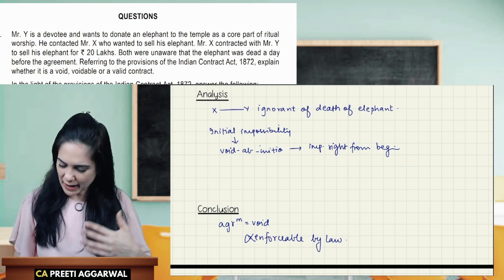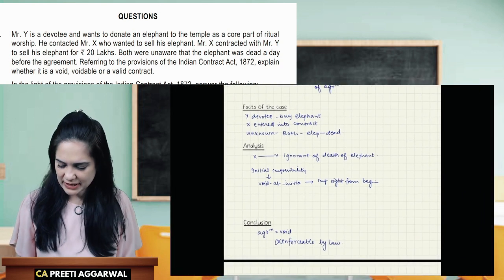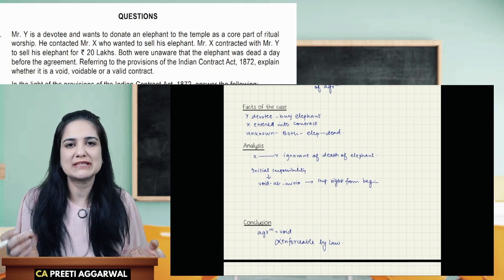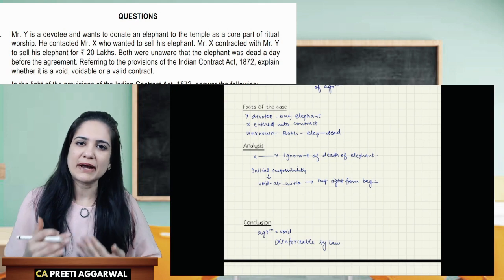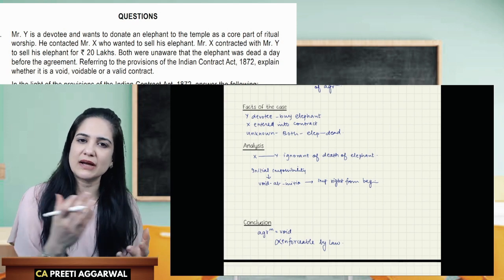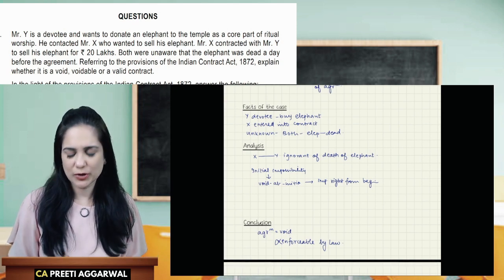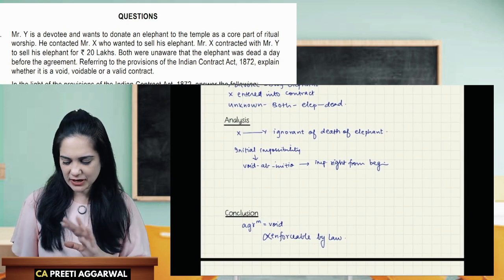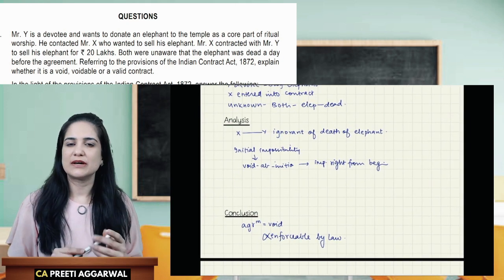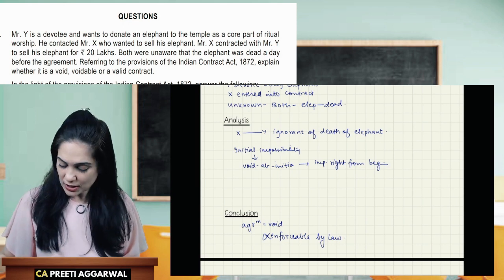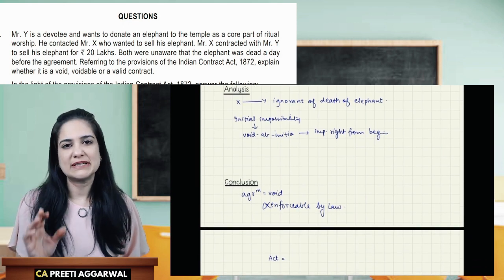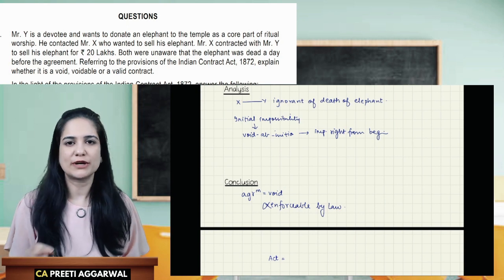You may feel that, ma'am, we are repeating so many points again and again, but because the question is so small, there is not much to write. You may end up writing mostly the same thing in analysis as well as conclusion. So in this case, what will we write? X and Y were ignorant of the death. The contract is not capable of being performed right from the beginning. It is void ab initio. Then in the conclusion part, you will say that the agreement is void. It is not enforceable by law.